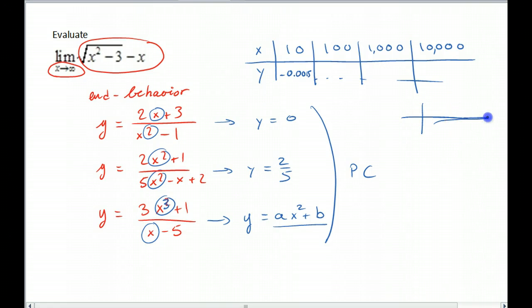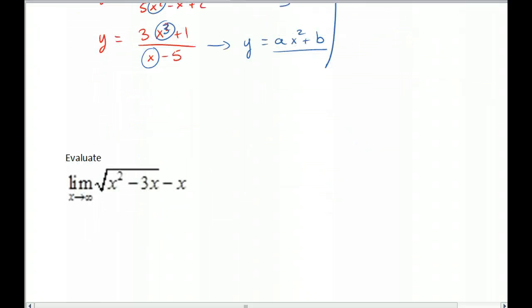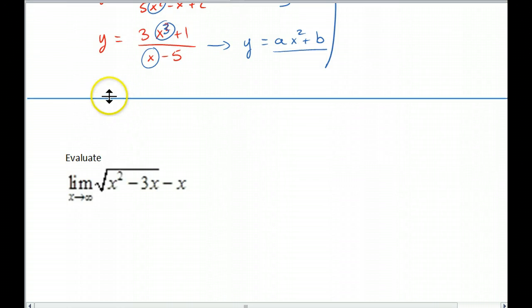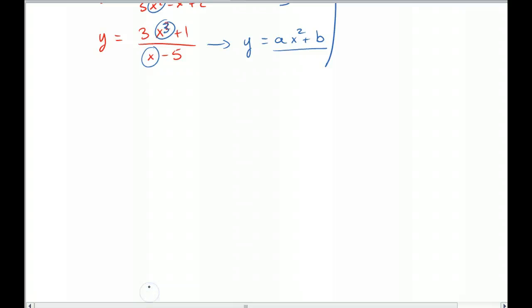It's somewhere here. I'm not sure if it's 0 or something close to 0. I really want to know exactly what it is, so we need to study that analytically now. This one is going to come later, so let me move it down.